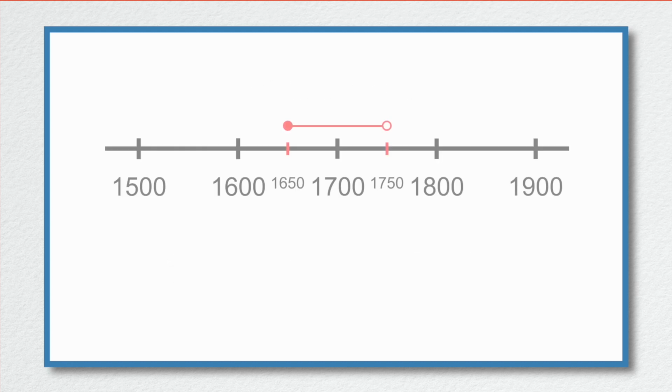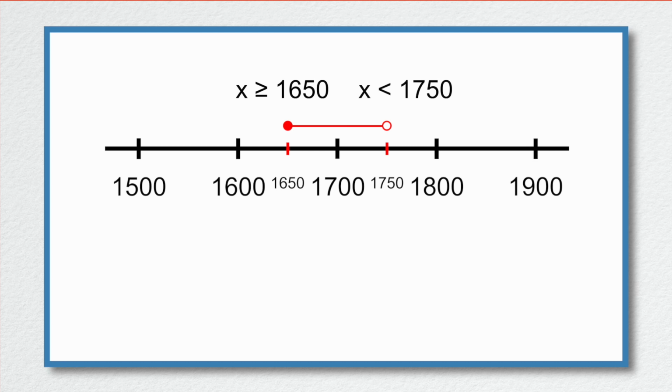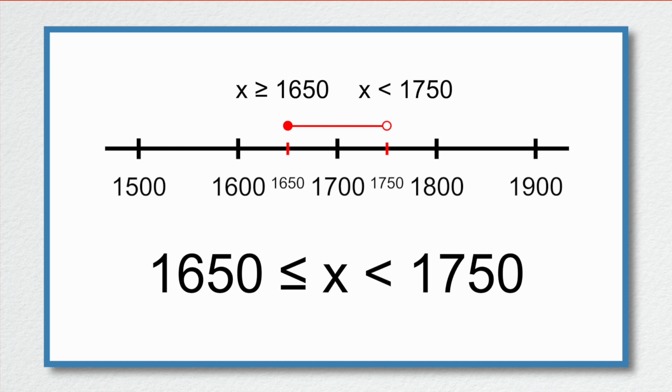And here's the next example. We have our limits of 1,650 and 1,750. So our lower limit is x is greater than or equal to 1,650, and our upper limit is x is less than 1,750. And here's the inequality.